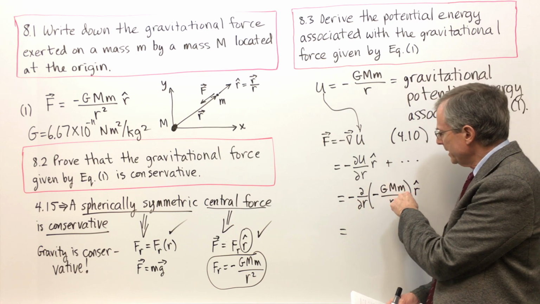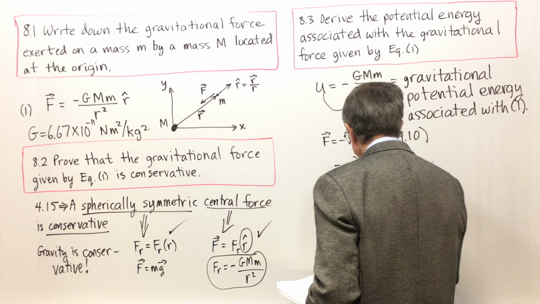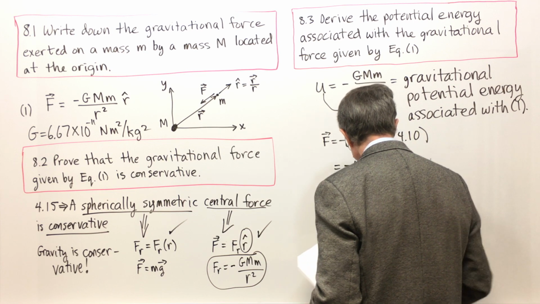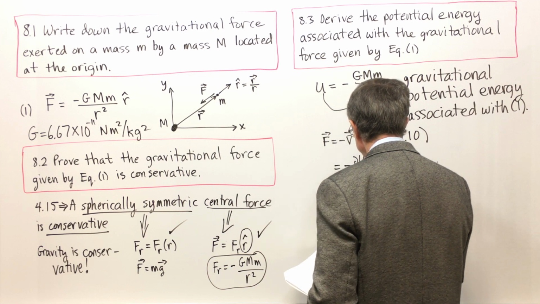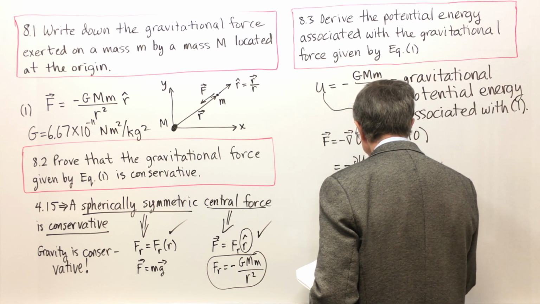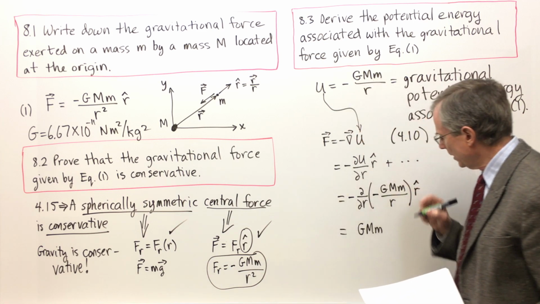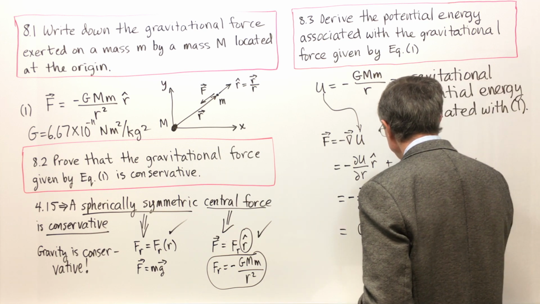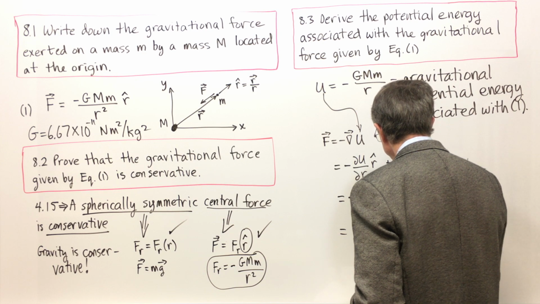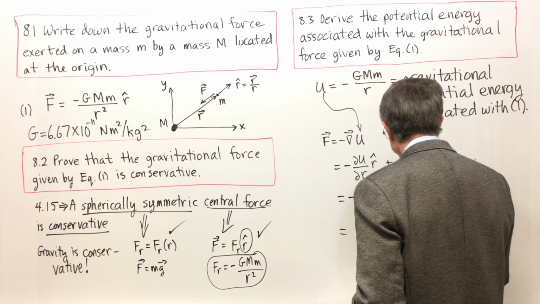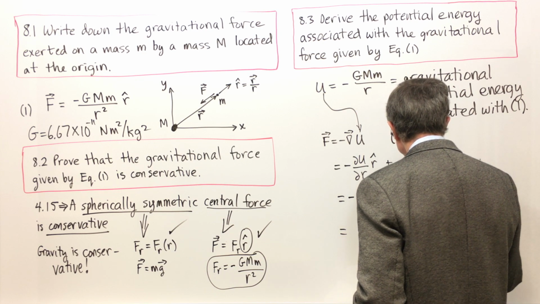The G, M, and the m all can come out. And all we're left with is the d by dr of 1 over r, r hat.